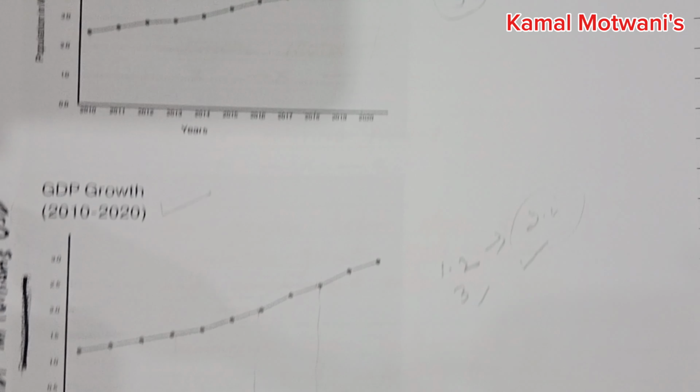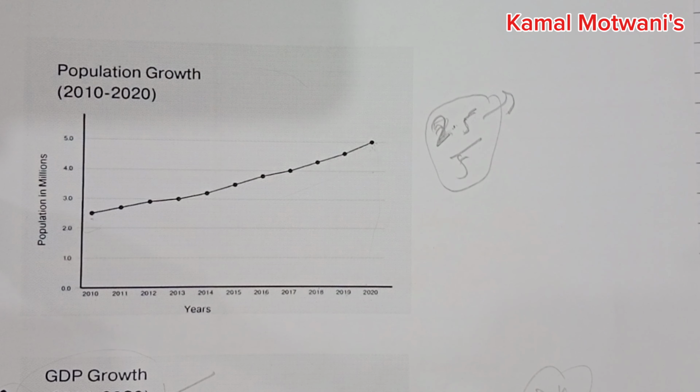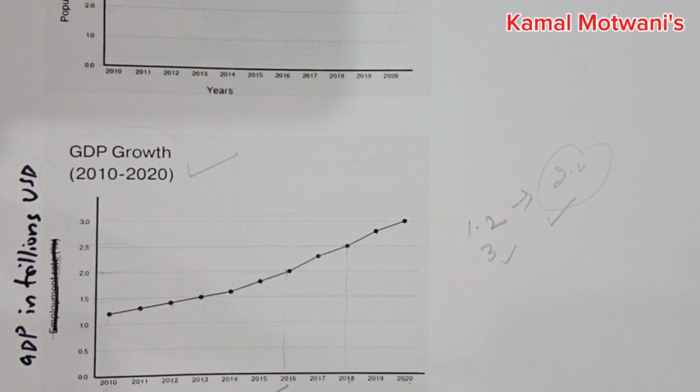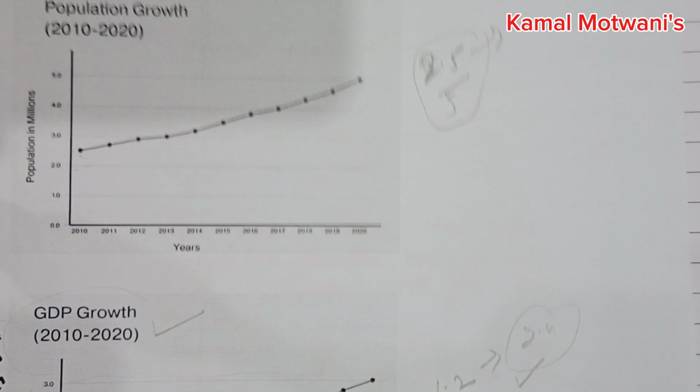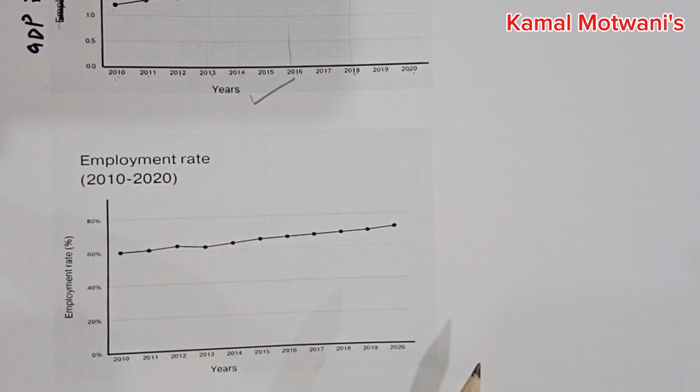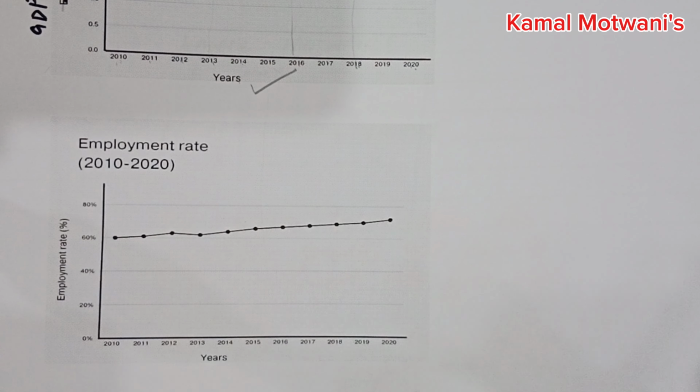So we can say that the trends of population growth over a decade and GDP growth go with a steady upward side, and they both have doubled over the period of time. Okay, now let's move on to the third graph and see how we can interpret it.